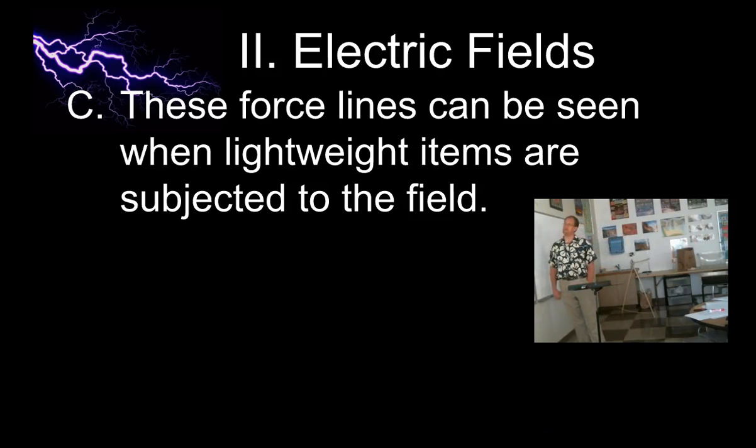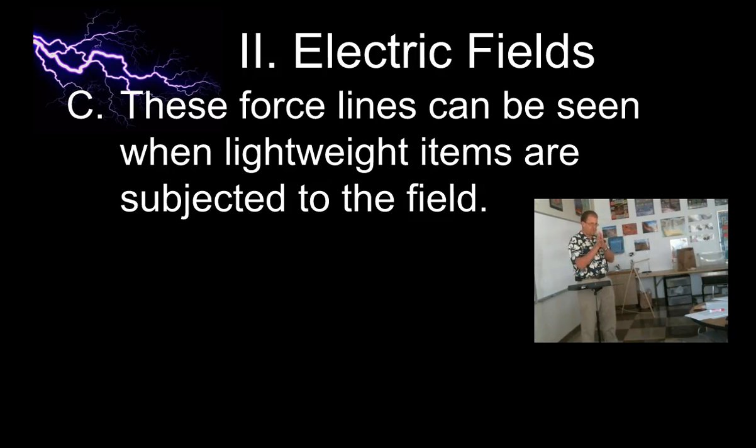These force lines can be seen when lightweight atoms are subjected to the field. They are fictitious things that you draw to help you imagine that. But then you can, in certain circumstances, actually take oil and sprinkle pepper or some kind of powder on it and then subject that oil to an electric field.